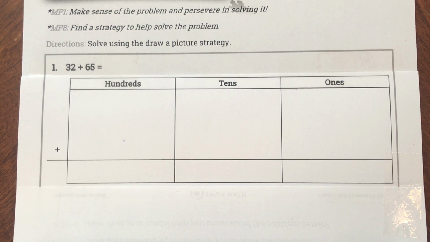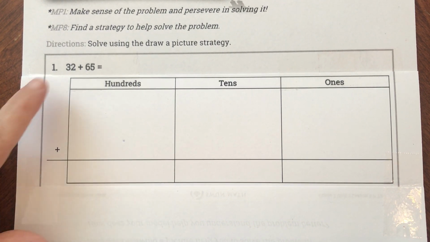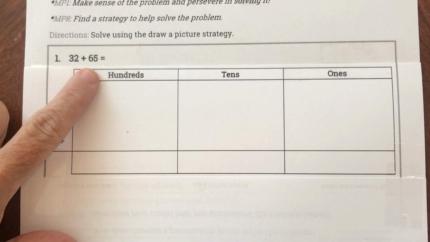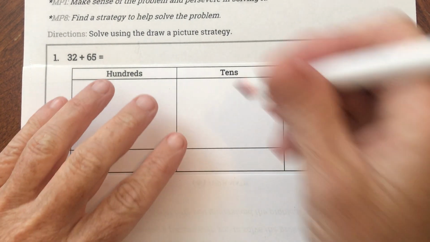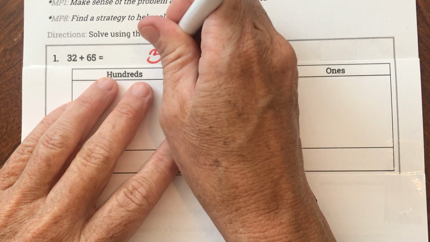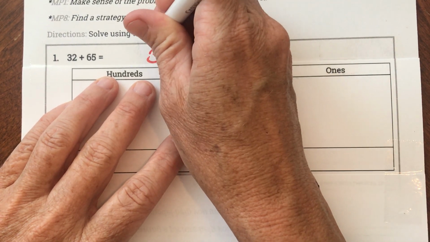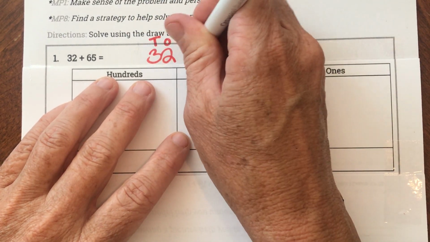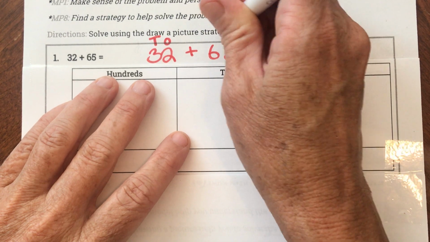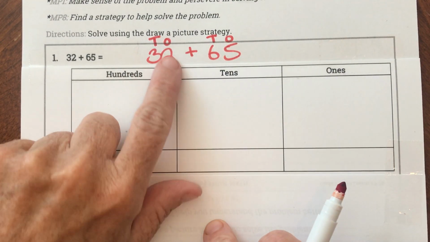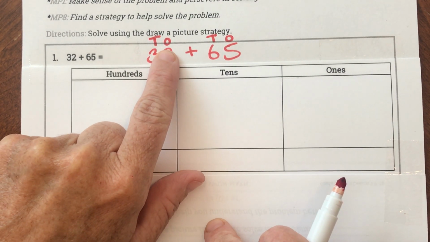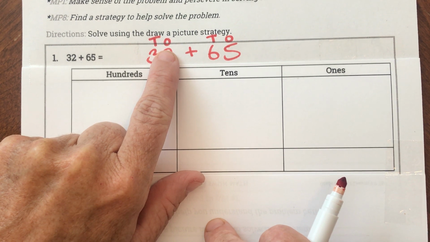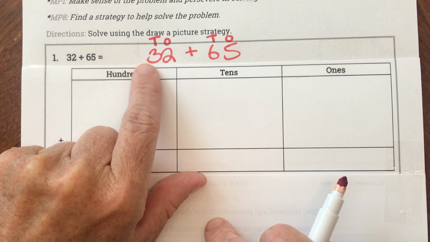Okay, so my first step says I'm going to decompose the add-ins. So what are my add-ins? My add-ins here are 32 plus 65. Now look what I wrote on top of there. I put an O for ones and a T for tens.